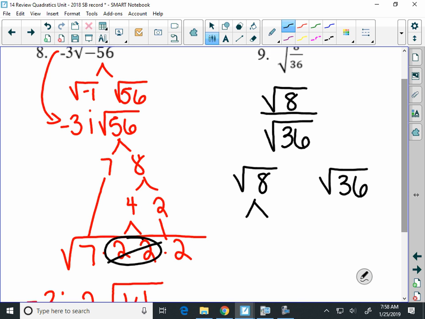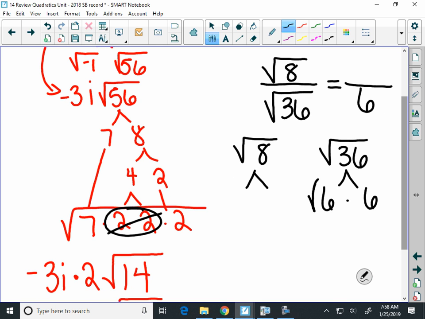And the nice part is, most of us know that the square root of 36 is 6. If you don't, you could say here, and I know I didn't break it all the way down, but this is 2 of the same. To take out 1, we took it out. We're not going to have a radical left there.